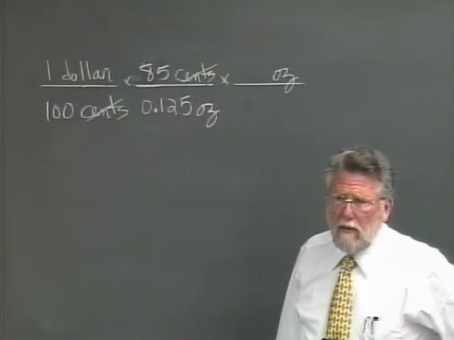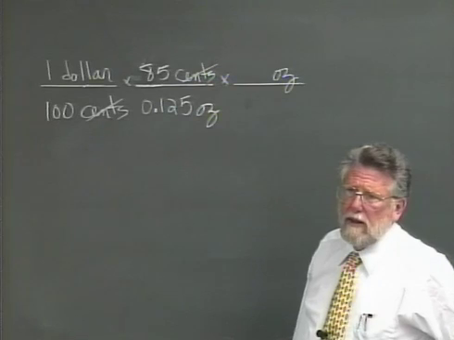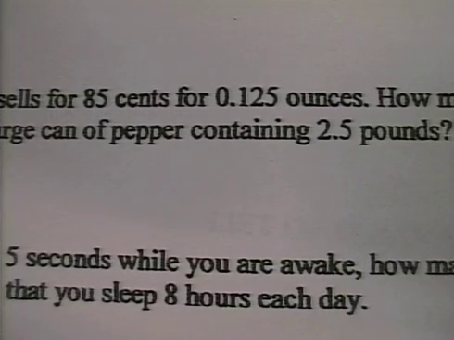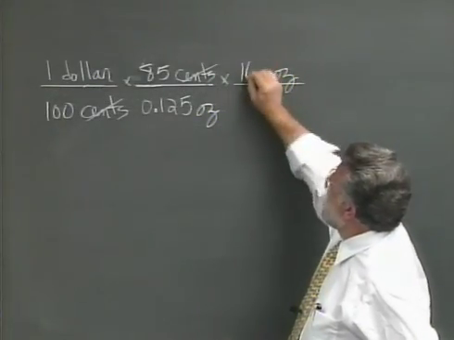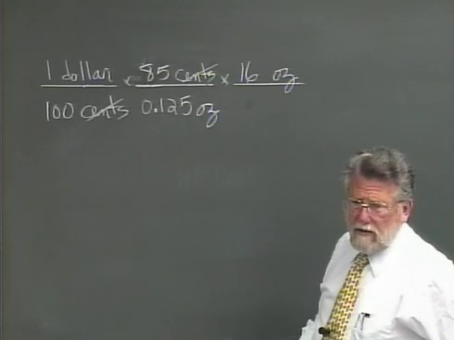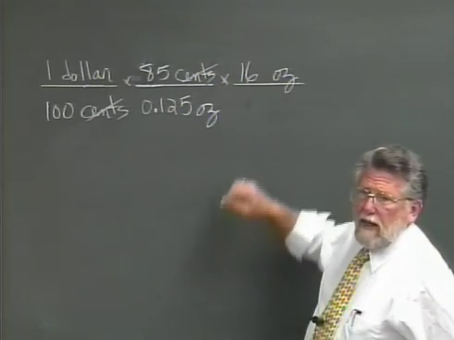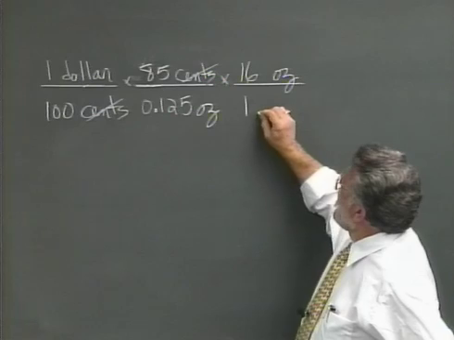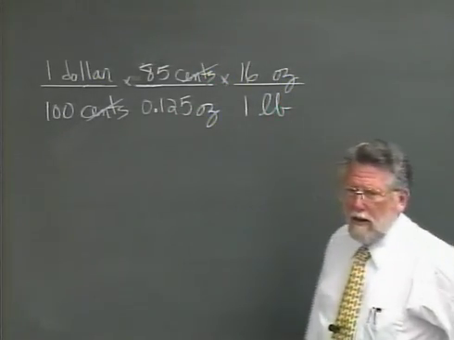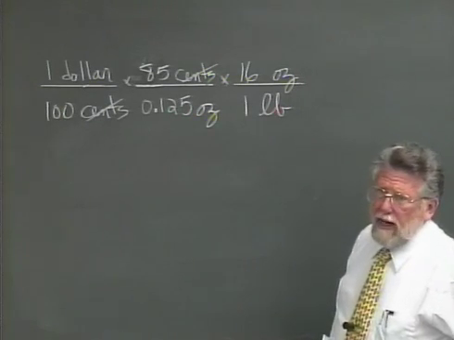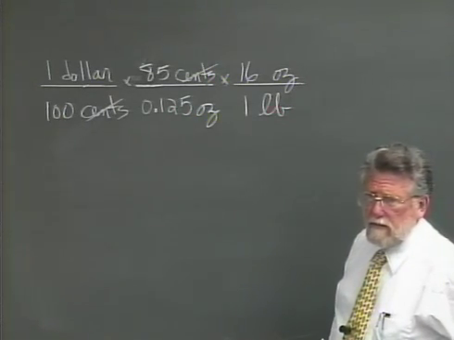Now, what was the problem about? Was how many dollars for what? Pounds. So I know I need something with ounces and pounds. My 16 oz is going to give you 1 lb. Do our ounces cancel? Yes.